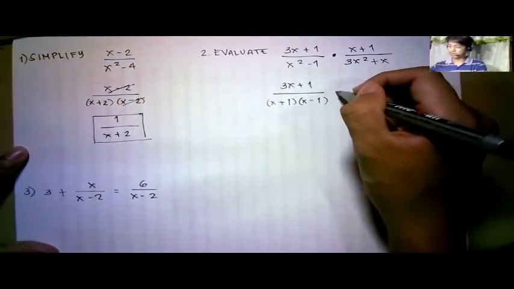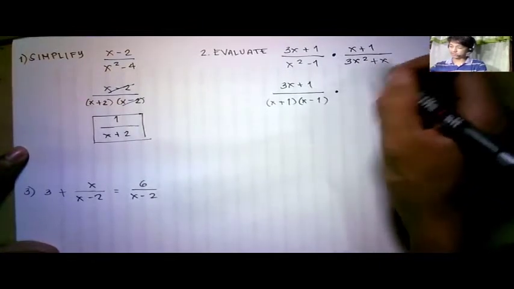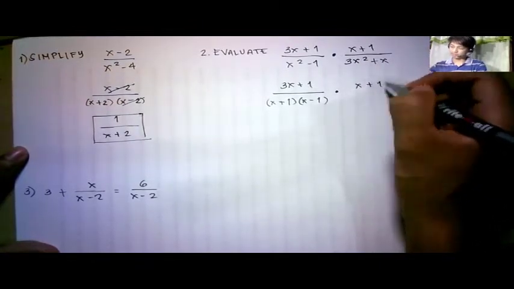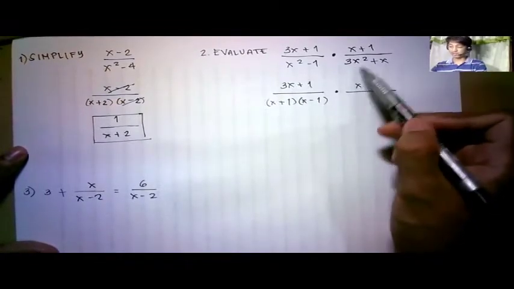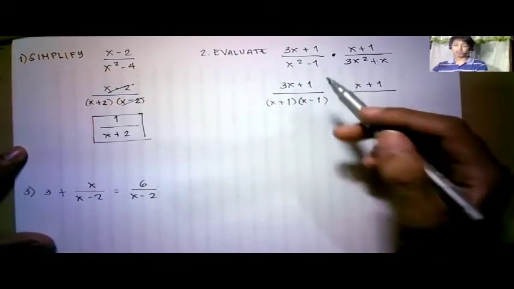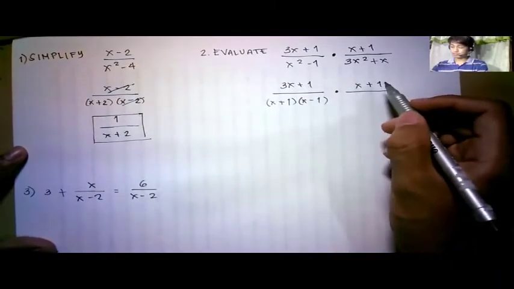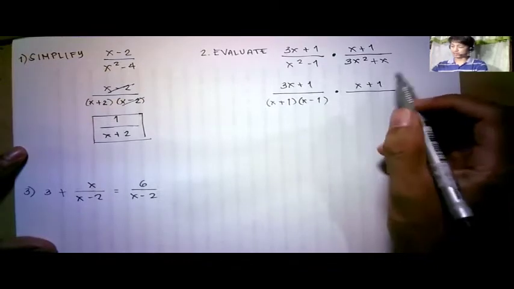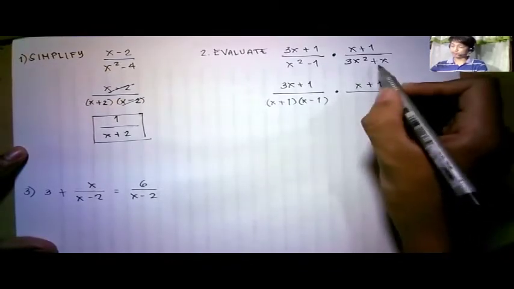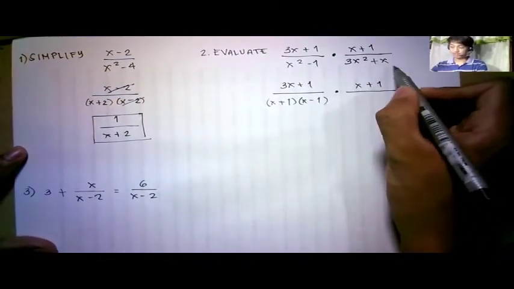Then multiply by x plus 1, since x plus 1 is already in its simplest form, all over. The denominator 3x squared plus x can be simplified further using common monomial factoring. The common factor for 3x squared and positive x is x.